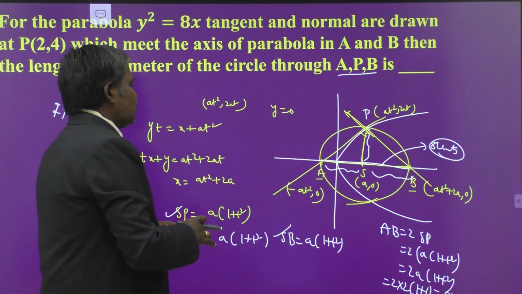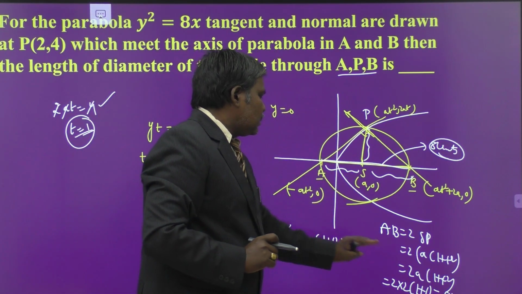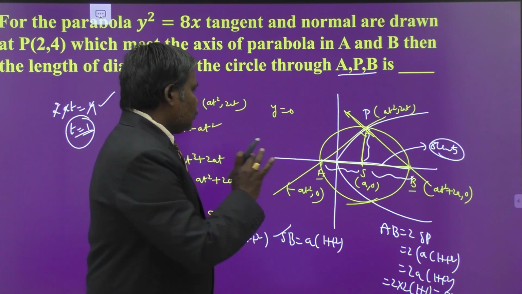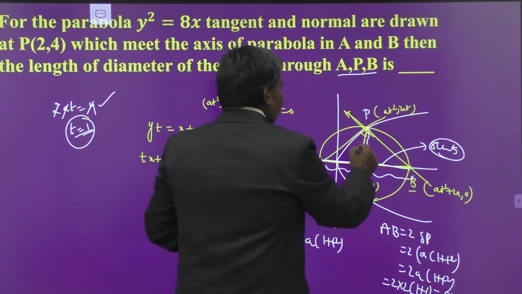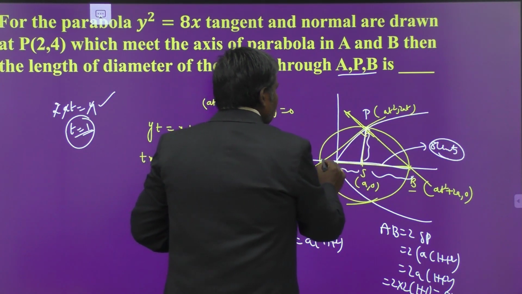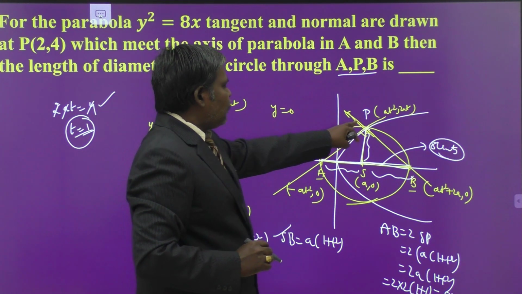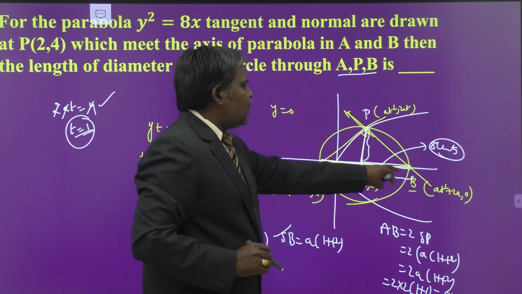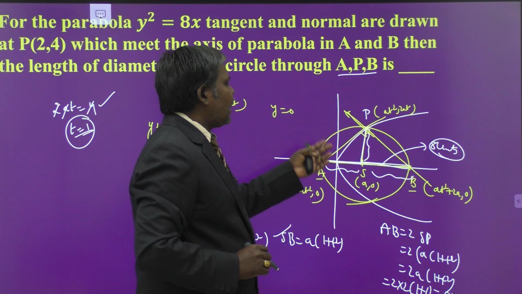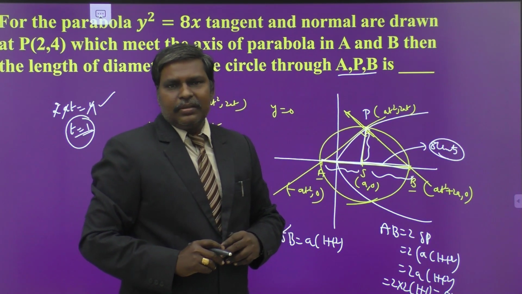With the help of these concepts, we can calculate the length of AB as 8 units. Understand? The only thing is you have to remember a very, very important result. What is that? SP is equal to SA is equal to SB. P is any point, S is the focus, and A and B are the points of intersection of the tangent and normal at P to the parabola. Okay, thank you very much.